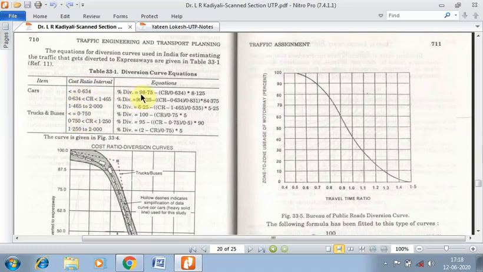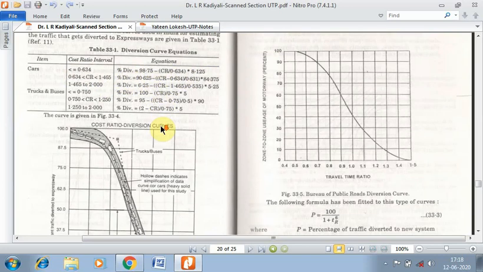Corresponding to each such case, the values shown here represent the cost ratio interval. For the cost ratio interval falling under this category, you will have to calculate the percentage diversion using this equation. Similarly for the next case and so on. So that percentage diversion can be obtained.